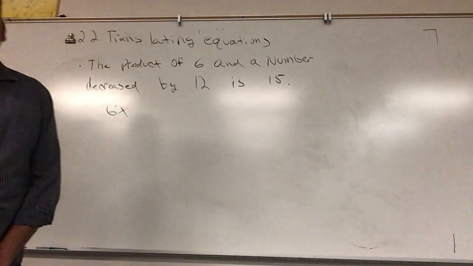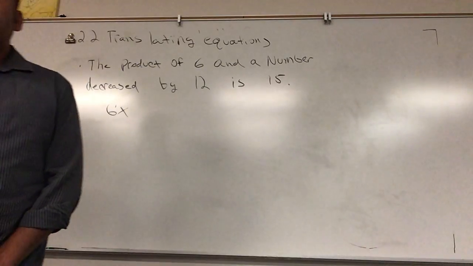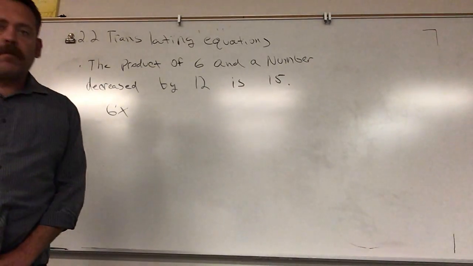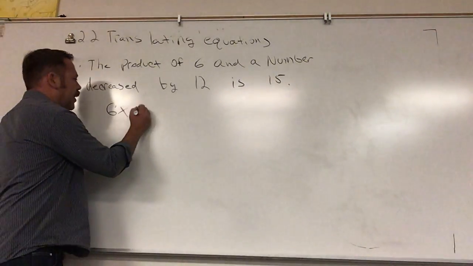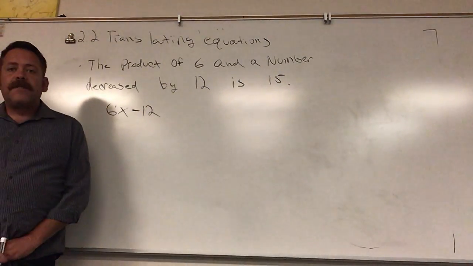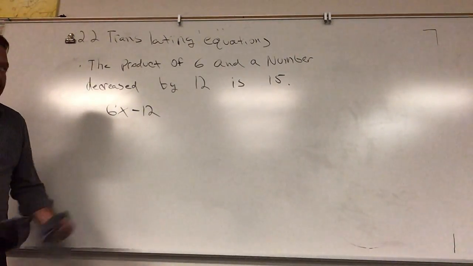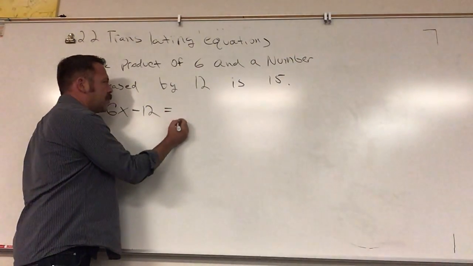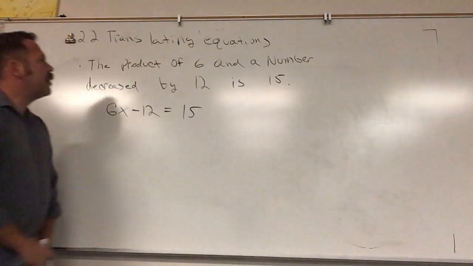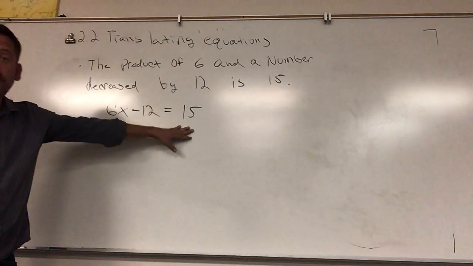That wasn't in our word bank, but we can add it to our word bank. What do you think decreased by 12 means? Yep, you guessed it, minus 12, okay? Is 15. What do you think is means? Is equals, right? Equals 15. And what do you know? We've got an equation: 6 times x minus 12 equals 15.